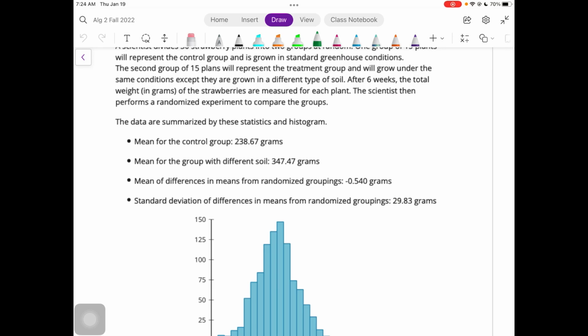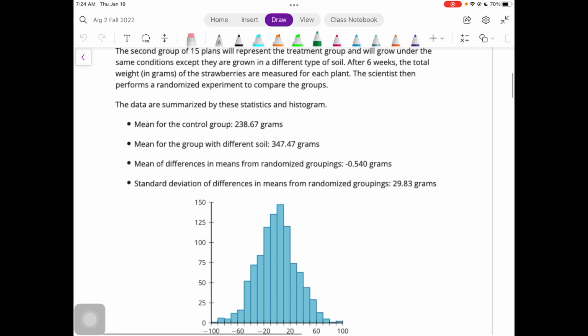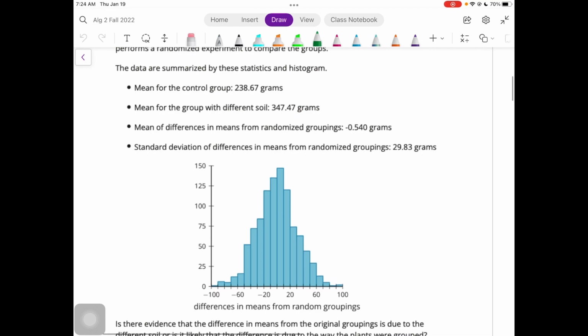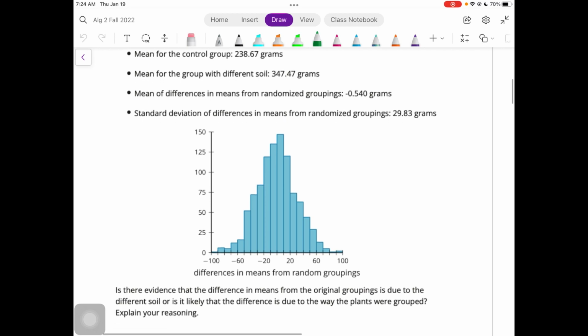The mean of the differences in means from randomizing groups is negative 0.540, and the standard deviation for the differences in means from randomized groups is 29.83 grams. So there is your histogram. Is there evidence that the difference in means from the original groupings is due to the different soil, or is it likely that the difference is due to the way the plants were grouped?